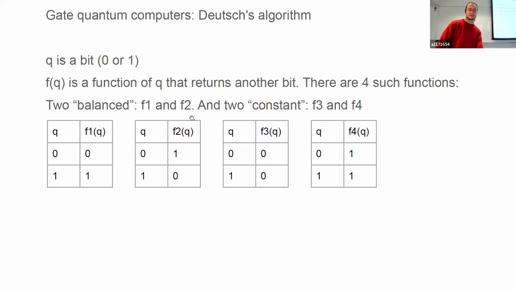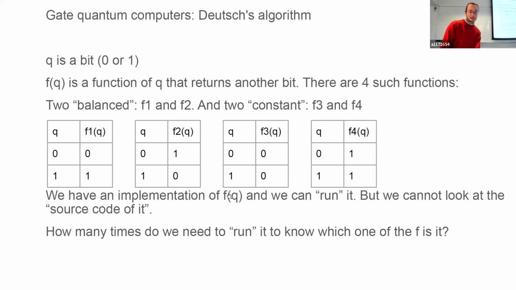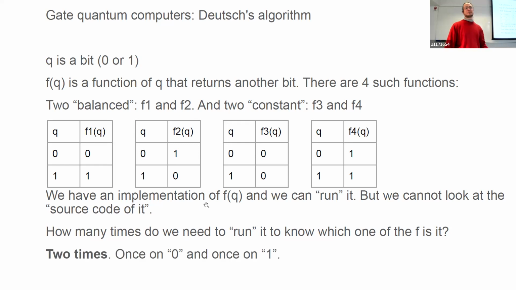Now we are given a black box that does one of these 4 operations, and we are allowed to run it, but we are not allowed to see how it's implemented. We cannot look at the source code of it. Now, on a classical computer, how many times do we need to run it to know which one of these F it is? Well, we need to run it 2 times, really. There's no way to run it only once.